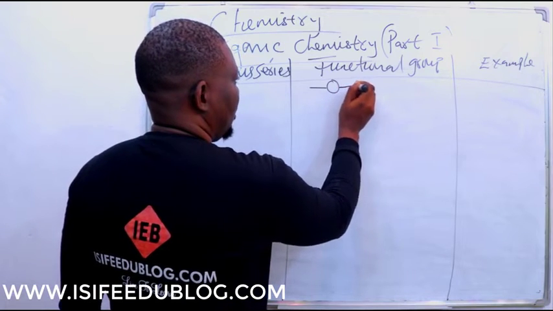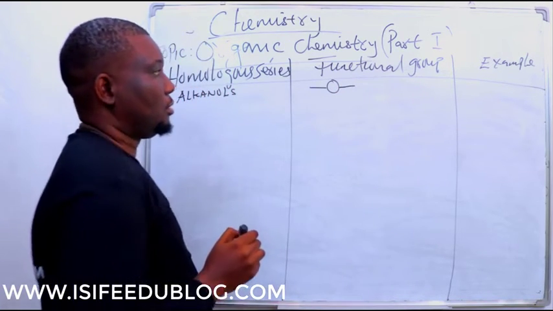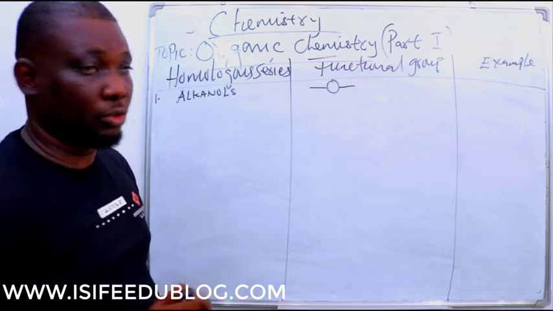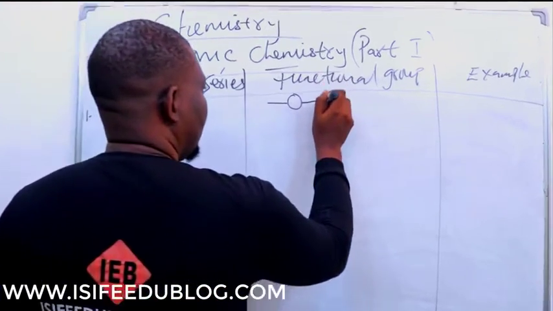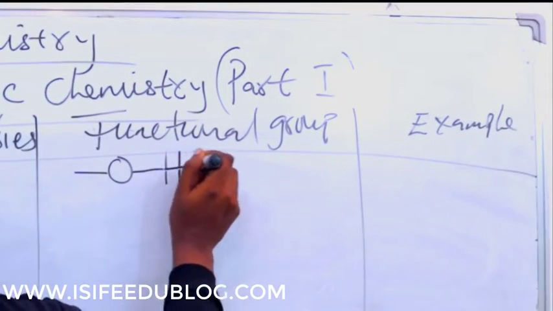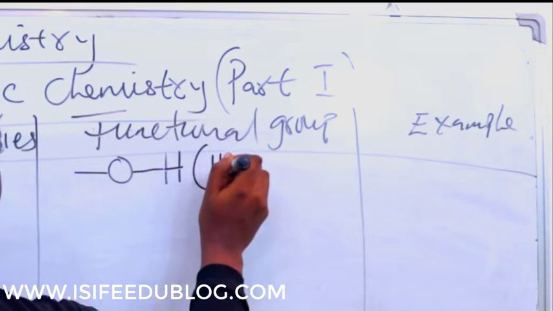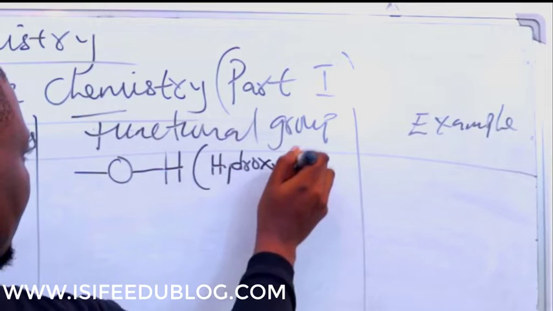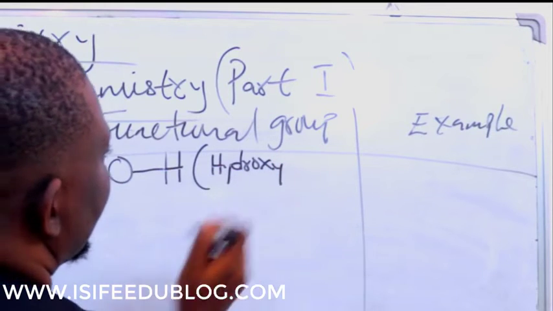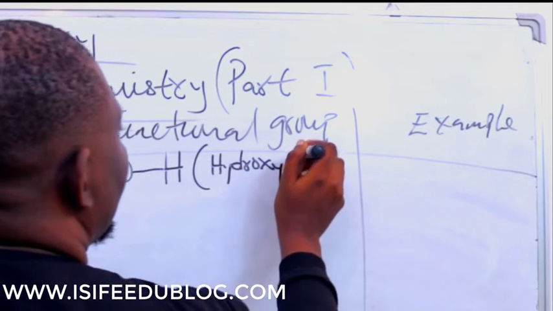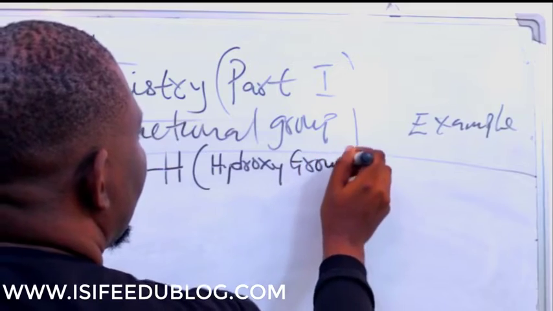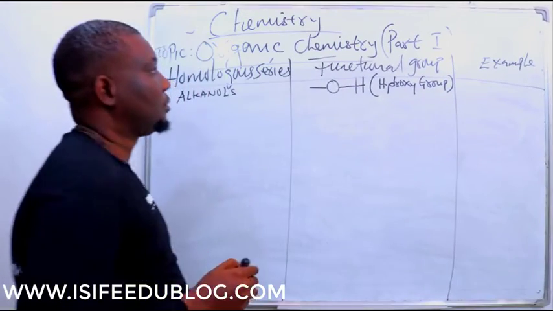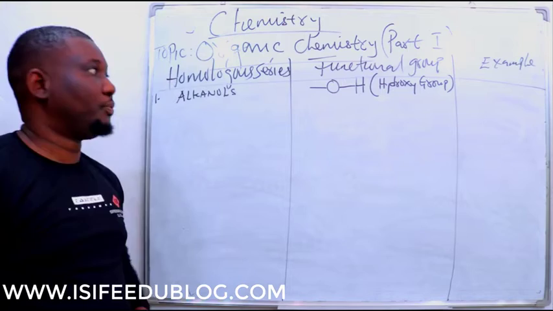I always like to give oxygen those 2 bonds and then give hydrogen just 1 bond. Okay, this is the functional group here, which you can call the hydroxy group. So that's the functional group of alkanol.